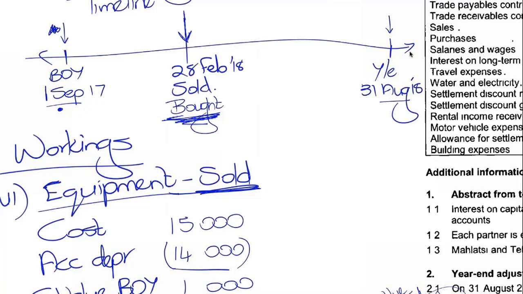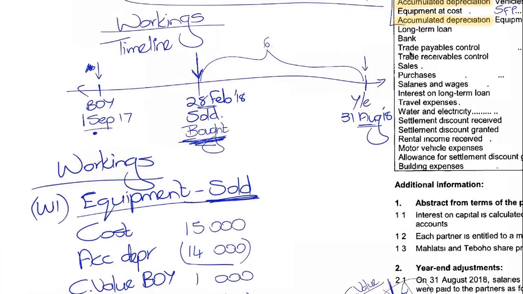This is what we call prorating depreciation. So what we have to do now is go, how many months of the year did you have that asset? We will only be depreciating it for those months. From the end of February to the end of August is 6 months. Okay, so this is the next step in the calculation that we need to do.